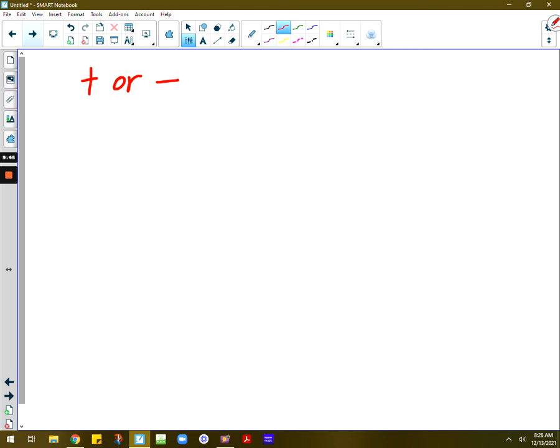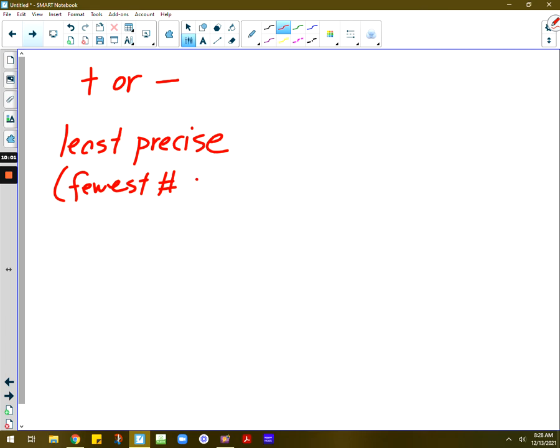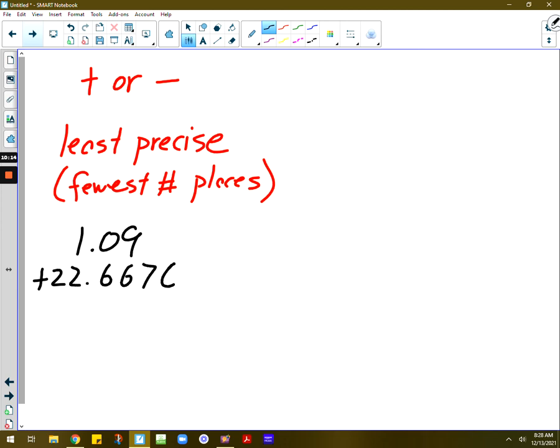what you're looking for is the least precise measured number, which is the one that goes out to the fewest number of decimal places. So for instance, if I'm adding 1.09 plus 22.6676 plus 15, what's my least precise number there?